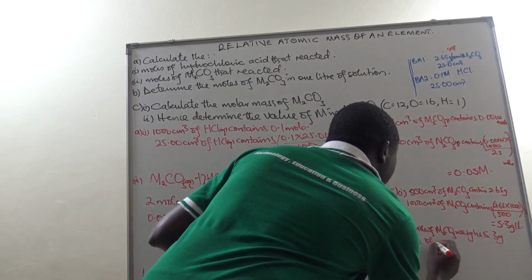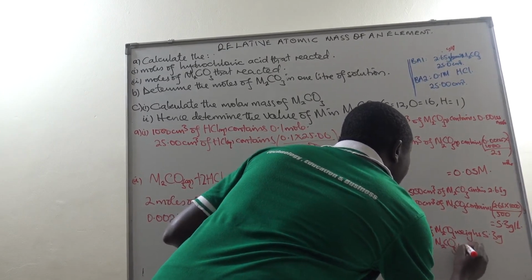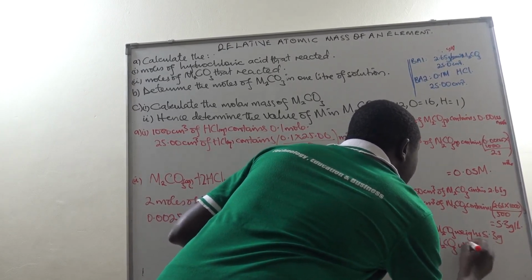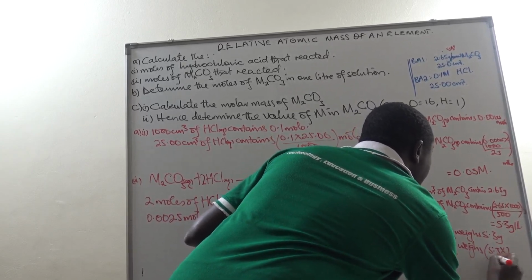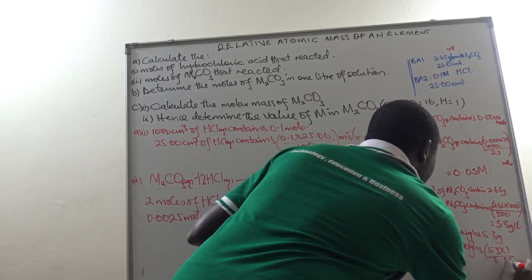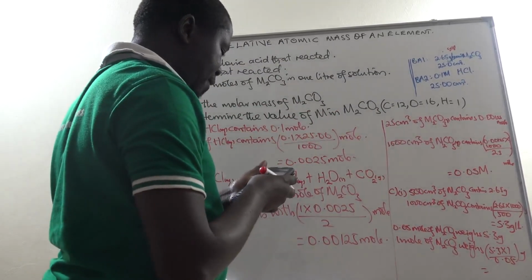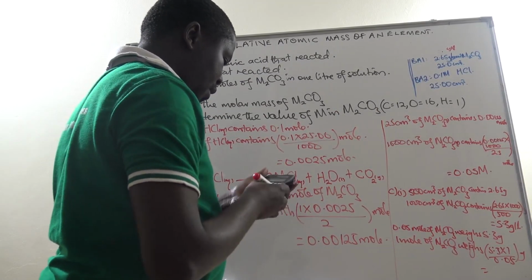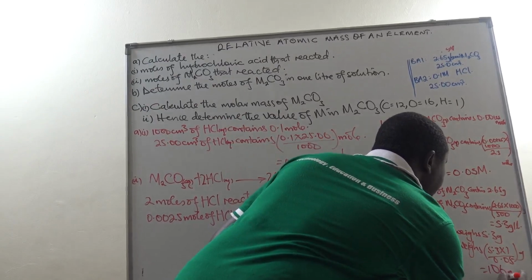The molar mass, the mass of 1 mole of M2 carbonate. So this one weighs 5.3 times 1 over 0.05 grams. And let us see what we have here. It is giving us exactly 106 grams. That's the mass of 1 mole.